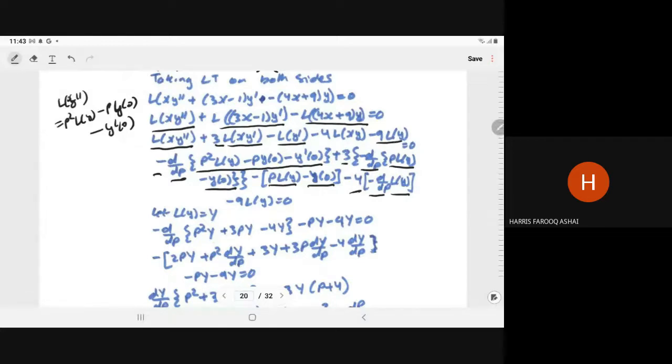Now it is given to you, y(0) is equal to 0.